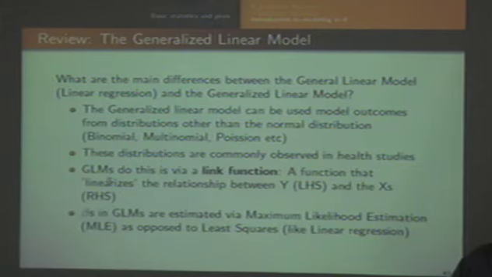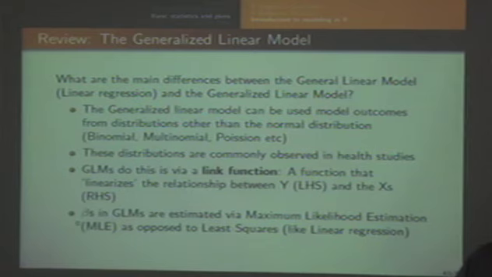How do GLMs do this? They essentially get a general linear model and do a little bit more to it than that. They do this via a link function, that is, a function that linearizes the relationship between the y and the x's.